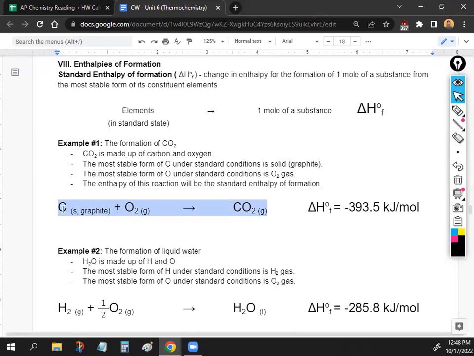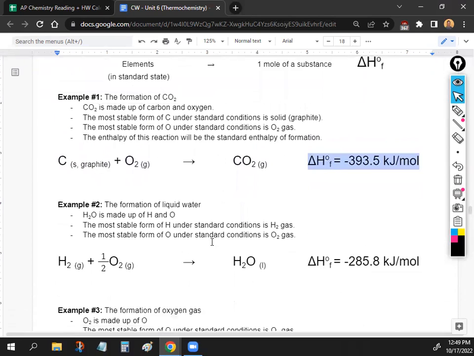Okay. So when you have a molecule, if you react the most stable forms of the elements that make up that molecule, the change in enthalpy will be the enthalpy of formation. So we got another example here. Liquid water, H2O, is made out of H and O, right?